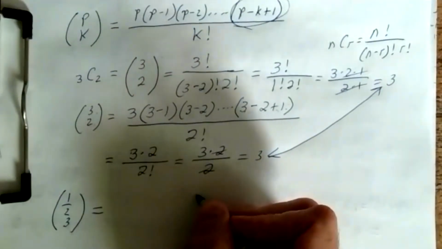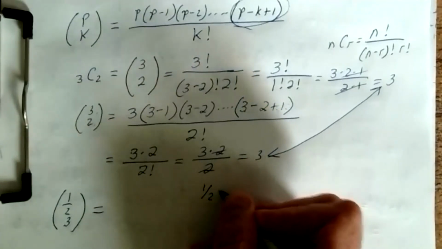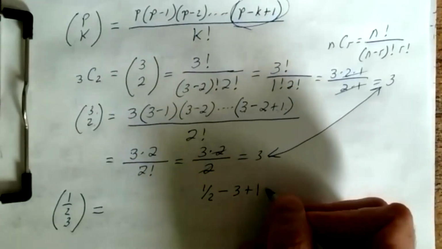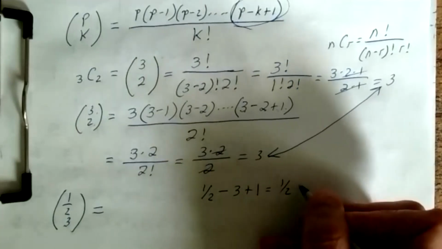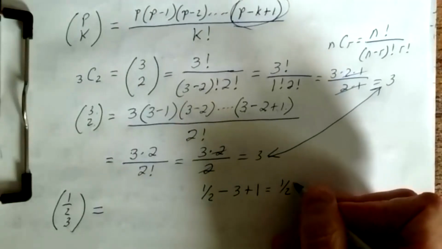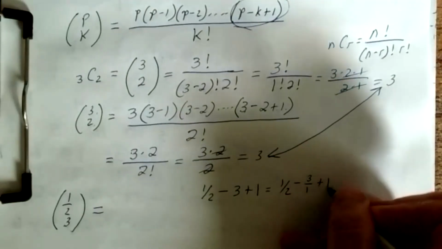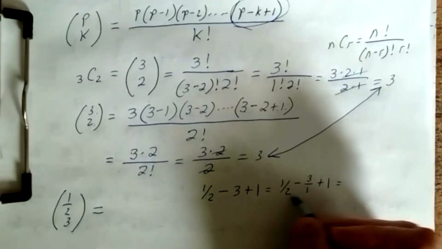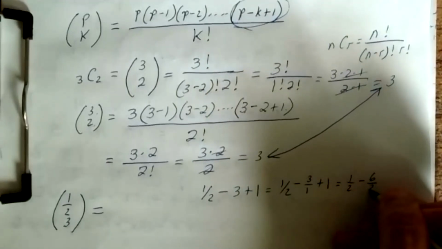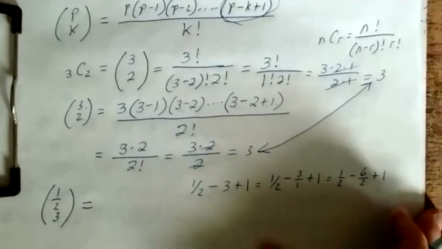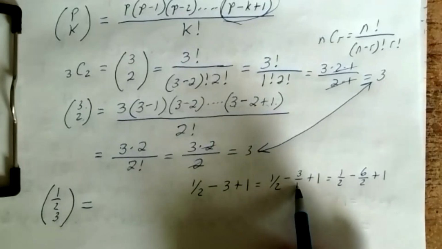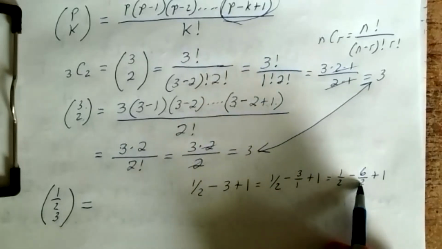The last number is going to be P minus K plus 1, which is 1/2 minus 3 plus 1. Getting a common denominator of 2, another name for 3 is 6/2, so this is 1/2 minus 6/2 plus 1.